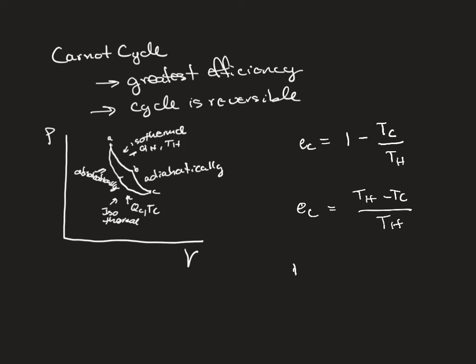We can also calculate the coefficient of performance for a Carnot refrigerator using temperature cold divided by temperature hot minus temperature cold. And even with these types of theoretical maximum efficiency engines, we find that we cannot get 100% efficiency.